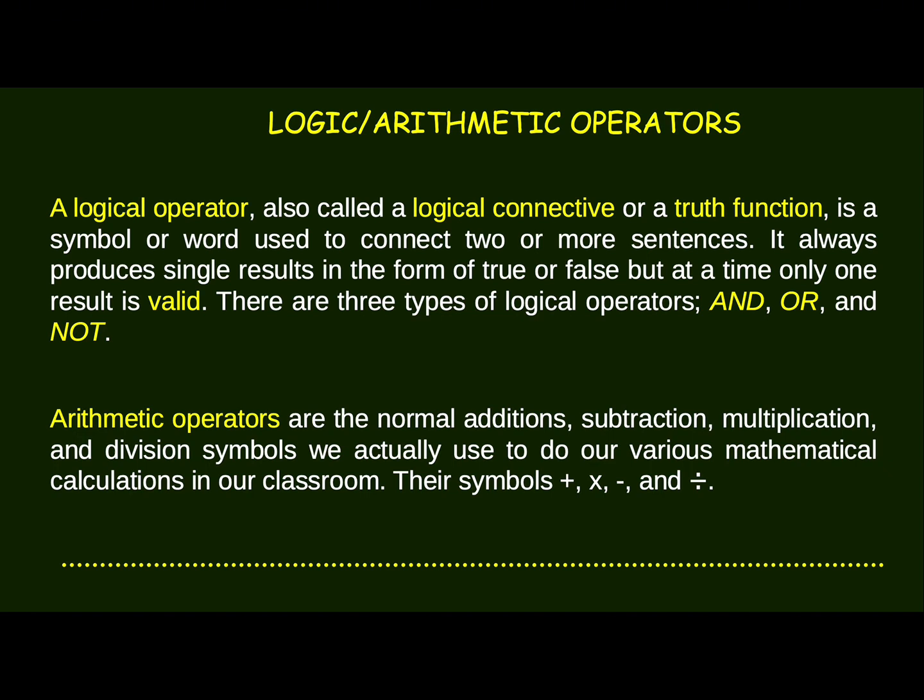Now, the logical operators also perform a very important function, which gives us a true or false result. This true or false result makes us know which of the statements given to you are true or not.